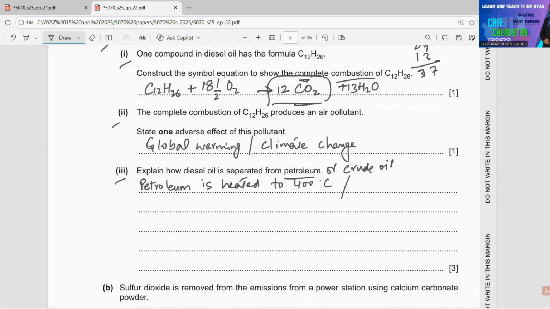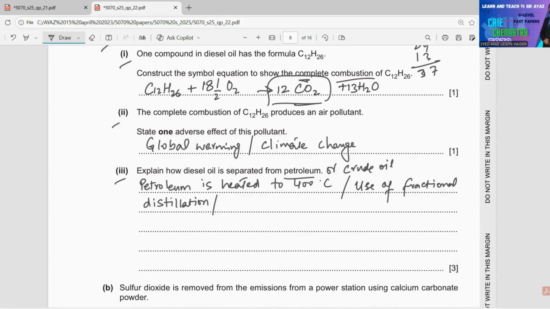The second point must be the use of fractional distillation. Do not write outside this line. Stay inside this line, whatever you want to write.